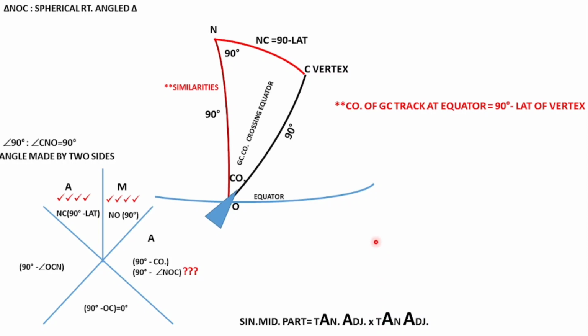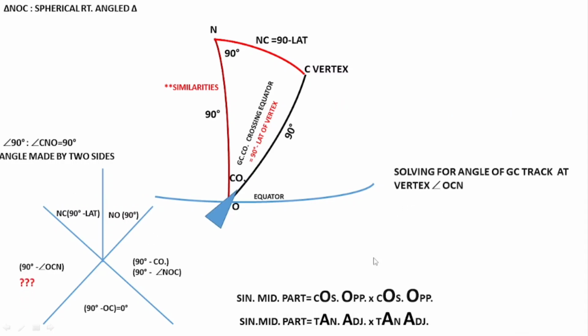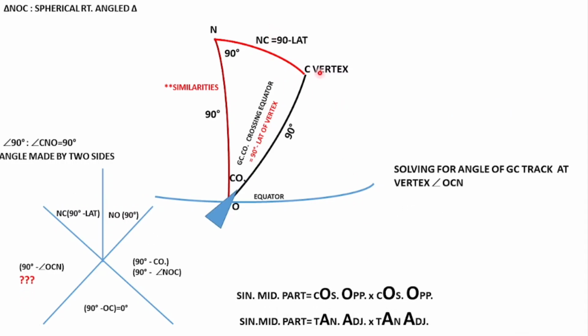Now, next I will be solving for angle C, the angle the great circle track makes at the vertex. Now I have got to solve for this. I know these two. I use this as the middle part, and now these two have become opposite. So I'll be using this formula of cos opposite. That's the middle part that has come up here: opposite, opposite, and this formula.